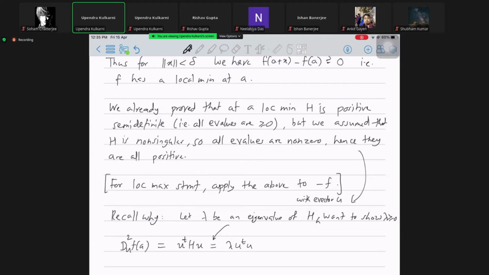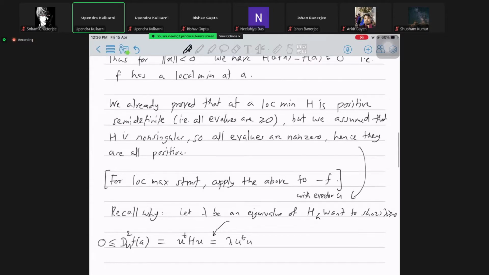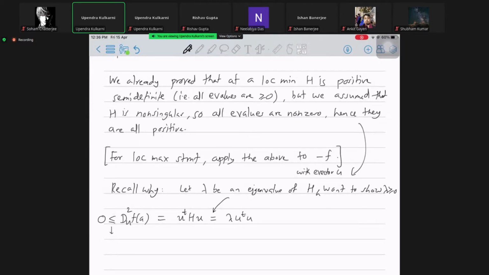It's just the sum of squares of the components of u. And I know, by one variable calculus, that this is greater than or equal to 0, and this is greater than 0. So the upshot is lambda is greater than or equal to 0.